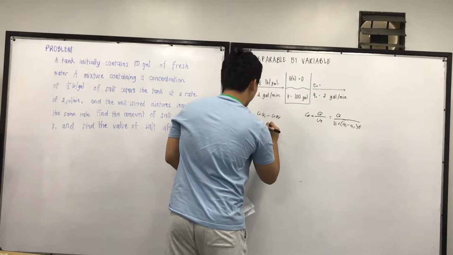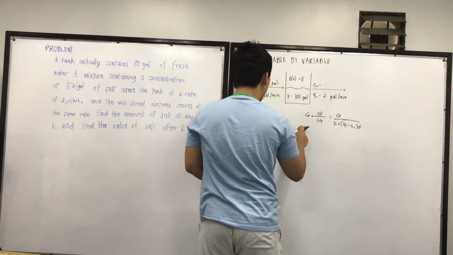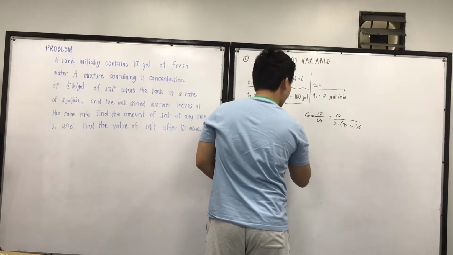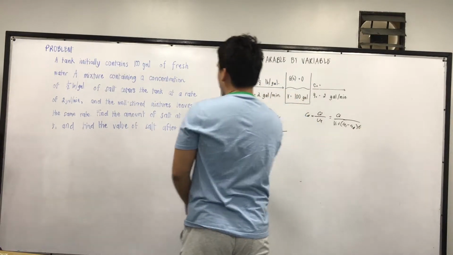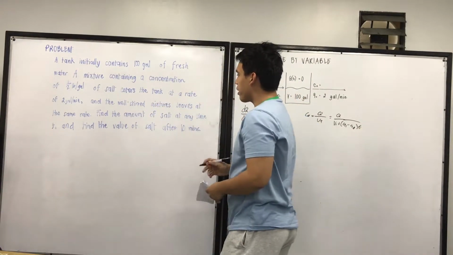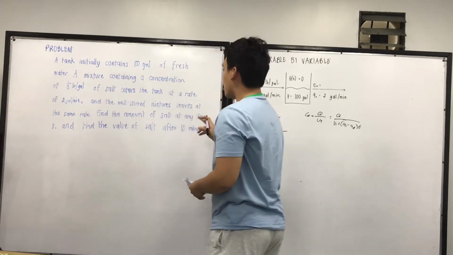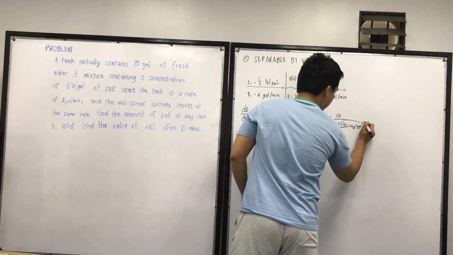You get dQ over dt equals 1/2 times 2 minus Co, where Co is Q over Vi plus Qi minus Qo times t, times Qo. In this problem the rate is the same, so Qi minus Qo is equal to 0 and you can cancel it.